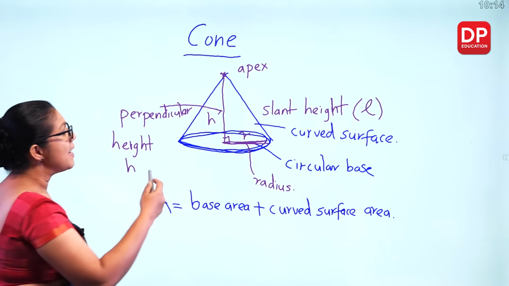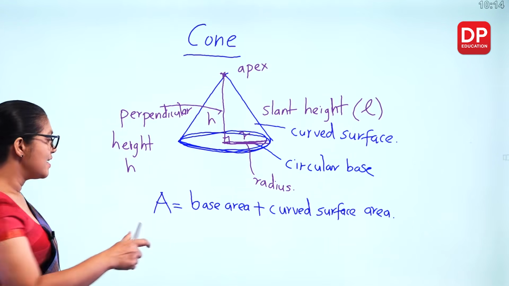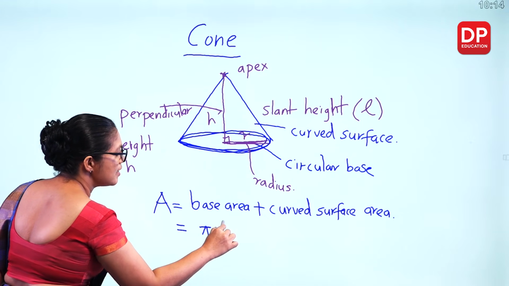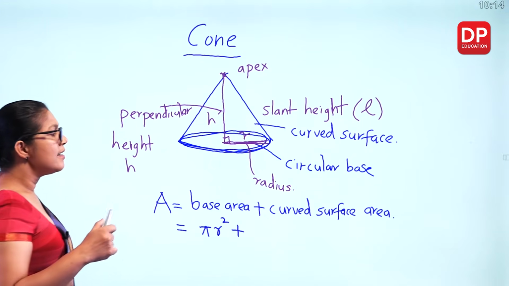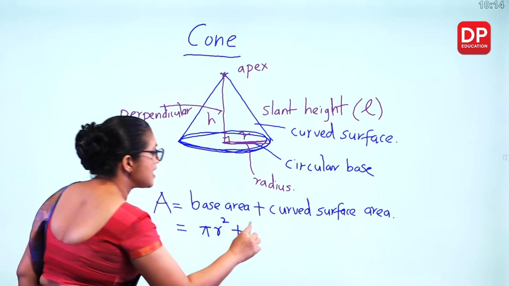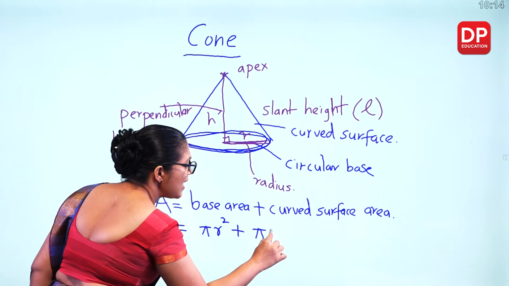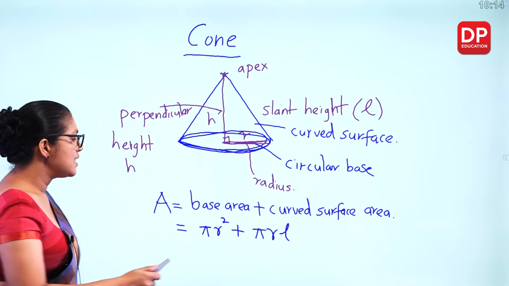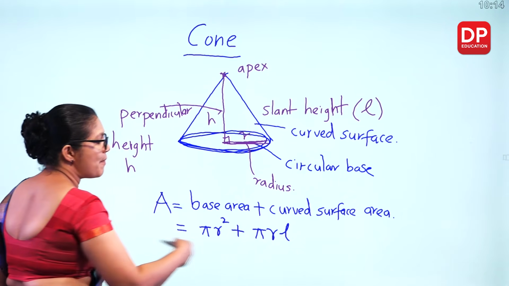So base area is a circle. So you get pi r squared plus here curved surface area. Mathematicians found that's equal to pi r L. Here we are not going to prove that, but you have to memorize this one.